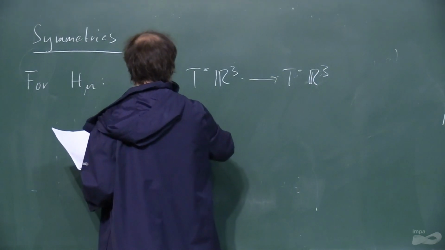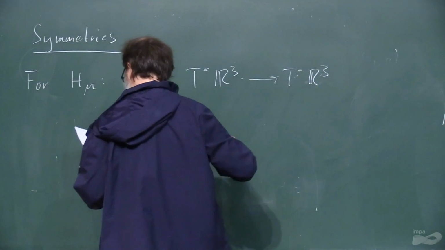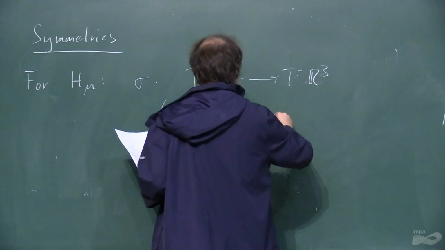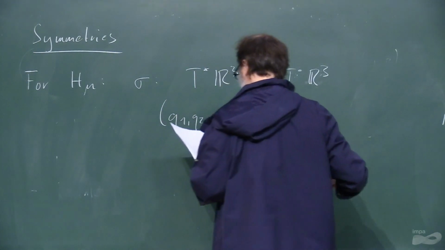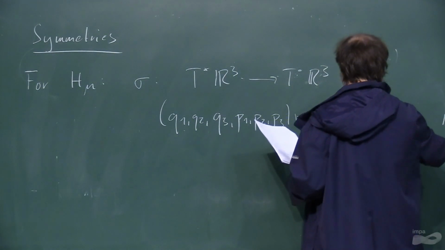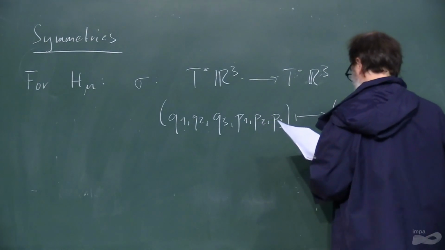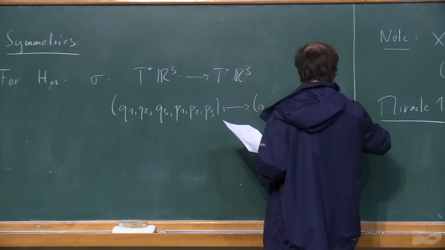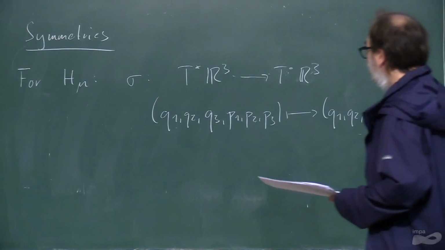This is q1, q2, q3, p1, p2, p3 goes to q1, q2, minus q3, p1, p2, minus p3. This is a symplectic involution.